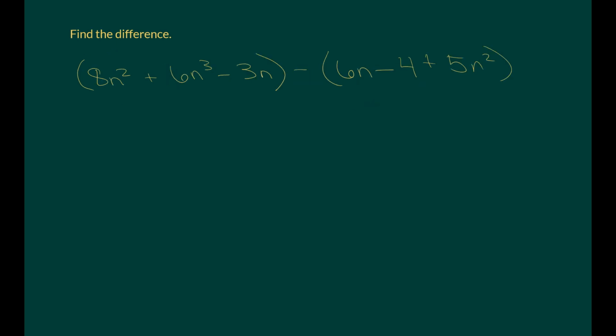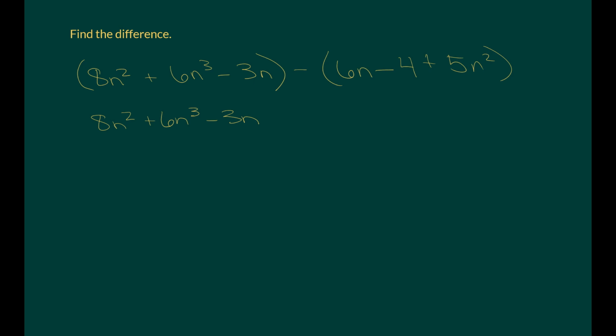When we find the difference in polynomials, this is a trinomial subtracting a trinomial. When we find the difference, again, we're going to combine like terms, but it's a little different than finding the sum. Watch, I'm going to rewrite the first polynomial, 8n squared plus 6n cubed minus 3n, and then minus.